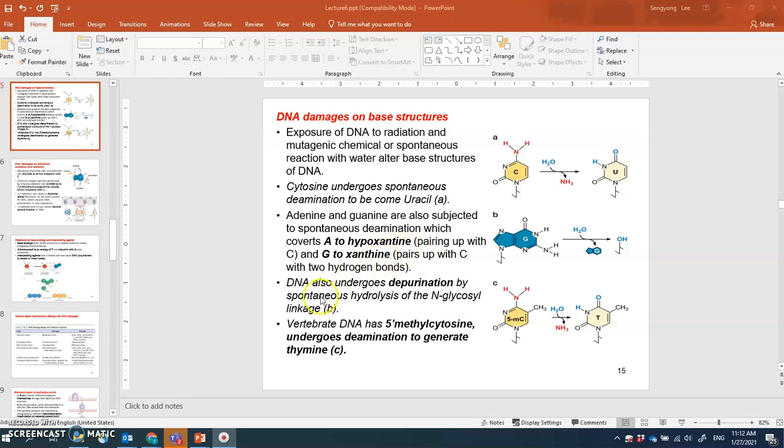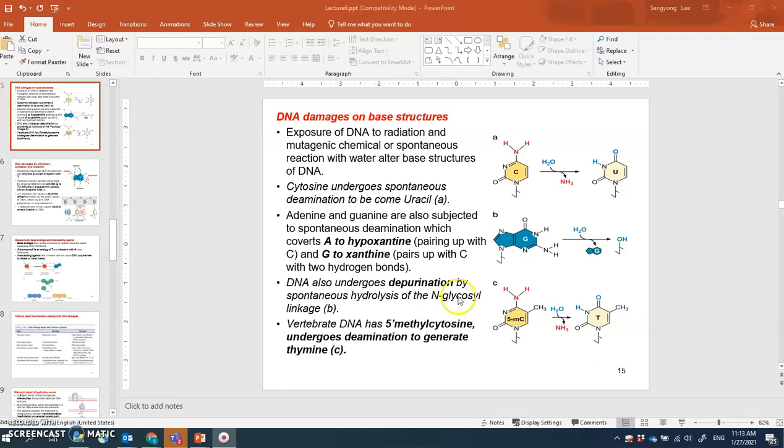DNA also undergoes depurination by spontaneous hydrolysis of the N-glycosyl linkage. What does that mean? Depurination means the purine is removed. The N-glycosyl linkage is the linkage that holds the base to the phosphate sugar backbone, right?